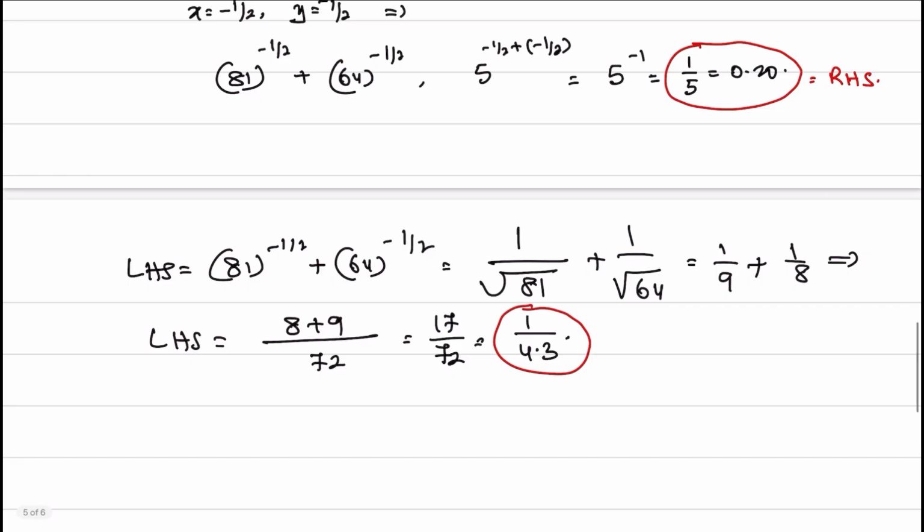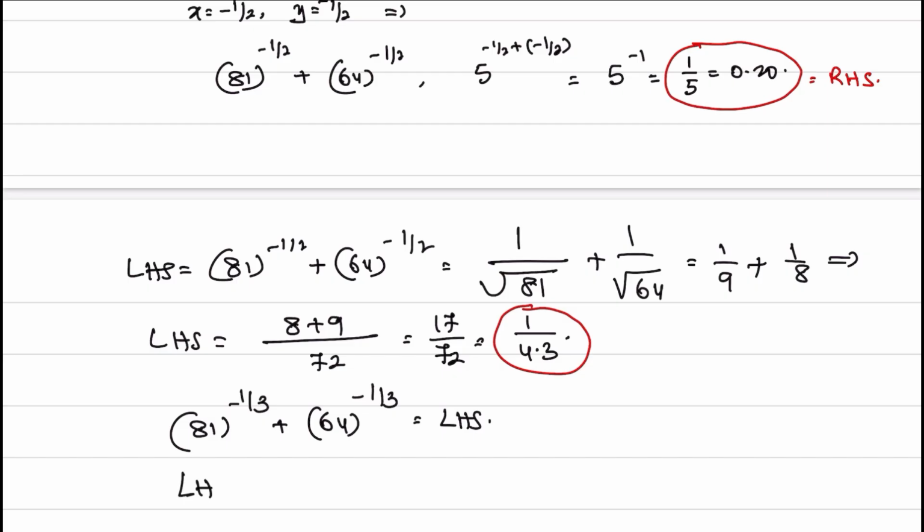Let us go for 81 to the power of minus 1 by 3 plus 64 to the power of minus 1 by 3 as the left hand side.